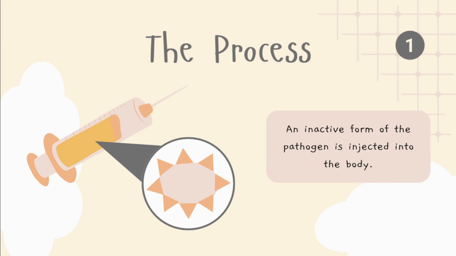When a vaccine is injected into the body, it introduces an inactive form of the pathogen. This is completely safe but helps the immune system prepare for a real infection.